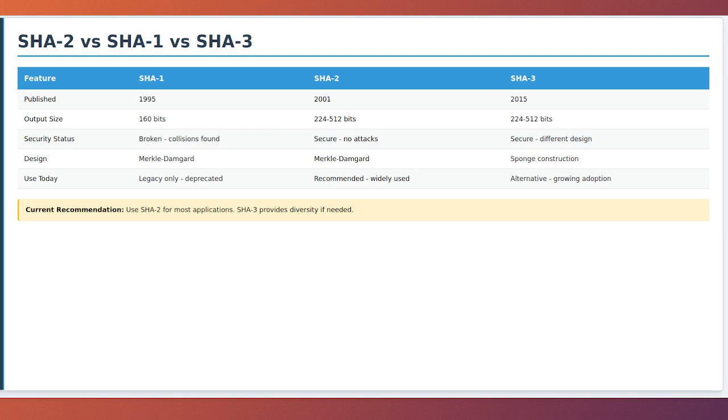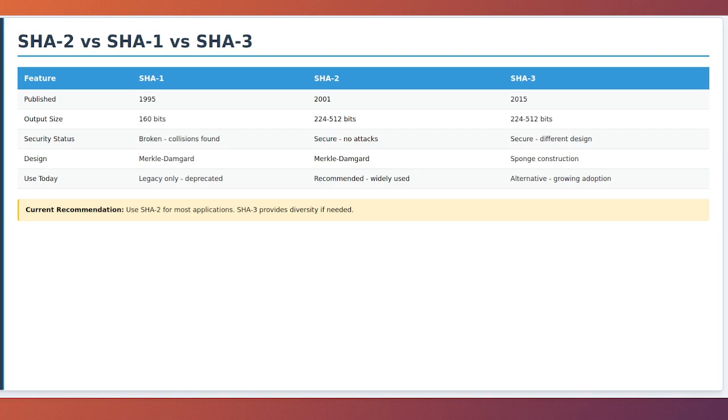SHA-2 was actually published in 2001, before SHA-1's vulnerabilities were demonstrated, but it was not widely adopted until SHA-1's problems became apparent. SHA-2 uses a fundamentally similar design to SHA-1 but with larger state variables, more rounds, and careful improvements to resist known attack techniques. As of 2025, SHA-2 remains secure with no practical attacks.